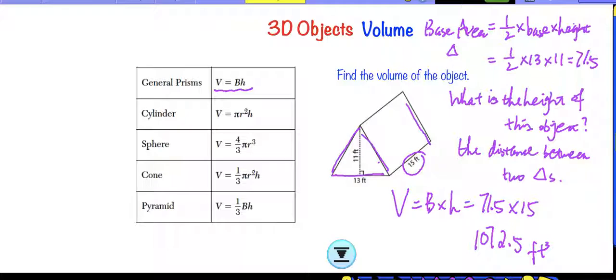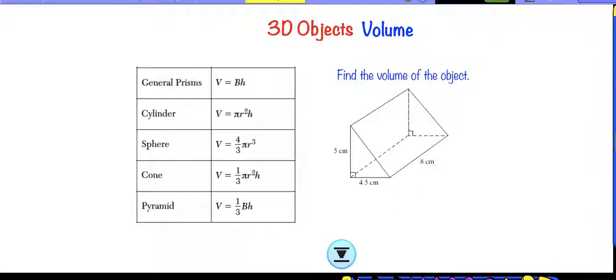Okay, last example. As you can see, since we are looking at the triangle, it's still going to be a triangular prism. So since we mentioned prism, we are going to still focus on the base area times height.